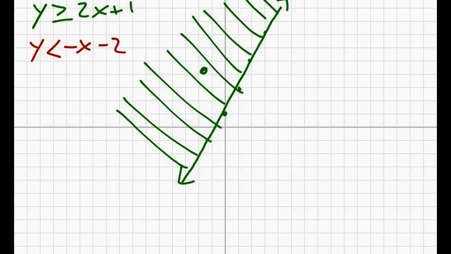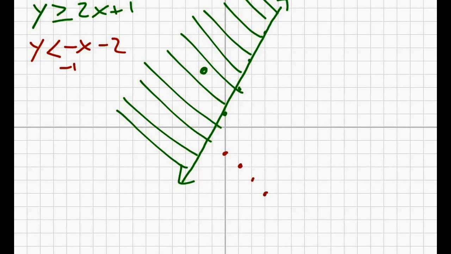And now we're going to do y is less than the opposite of x minus 2. The y-intercept is at negative 2. My slope is negative 1. So I'm going to go down 1, over 1, down 1, over 1.